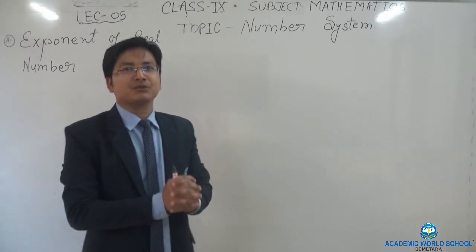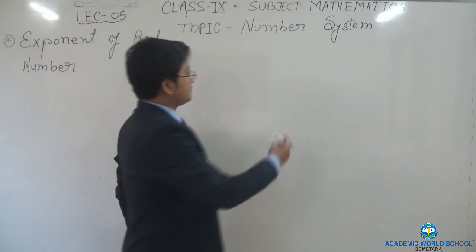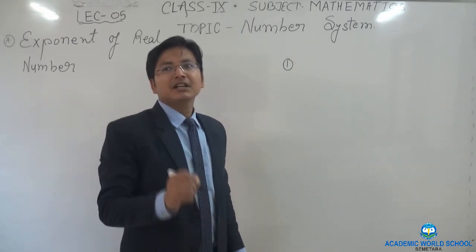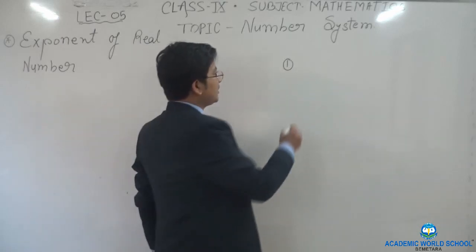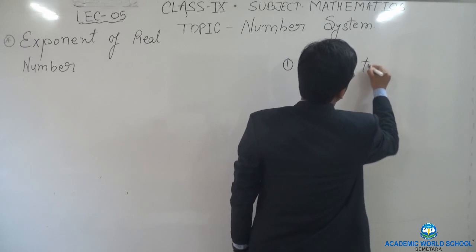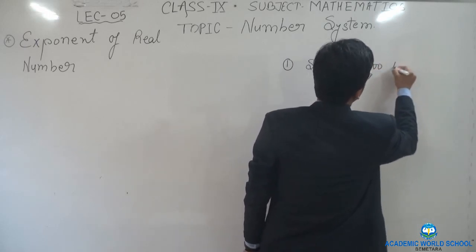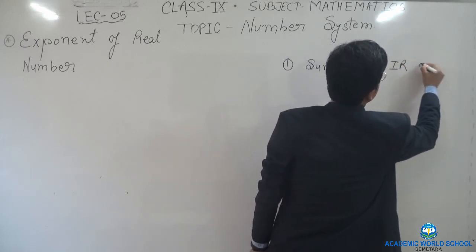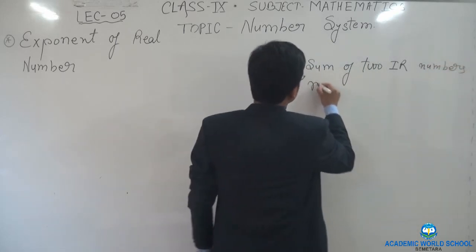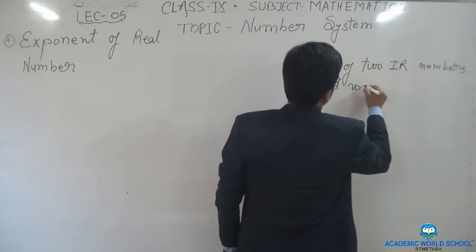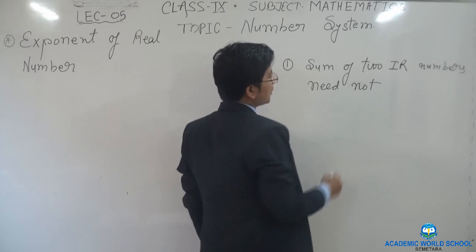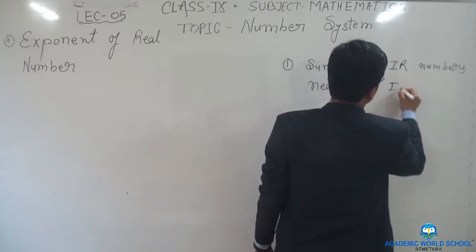In lecture 4 what we have studied is sum of two irrational numbers need not be irrational.